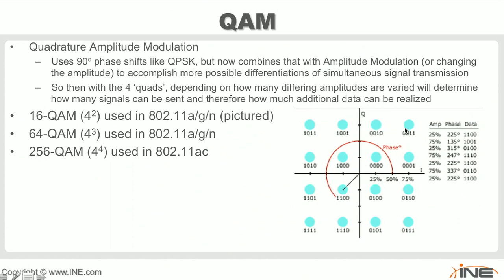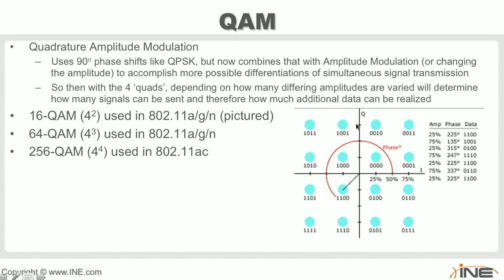So the further out I get, this is an example of 16 QAM. I have 16 different codes or symbols, 16 different chips that can be sent in this quadrature given different amplitudes.